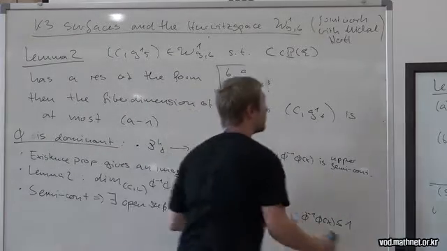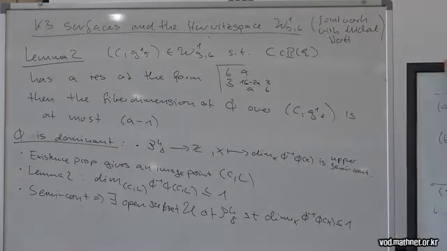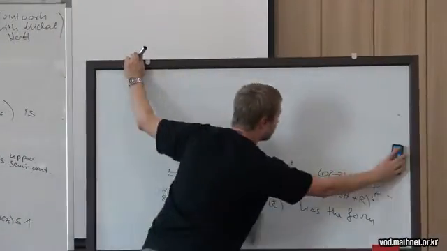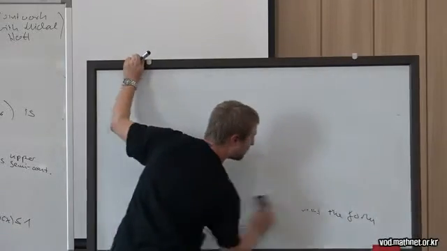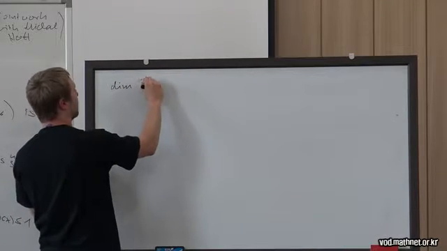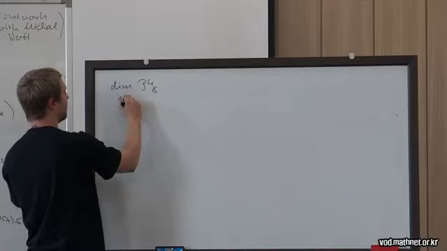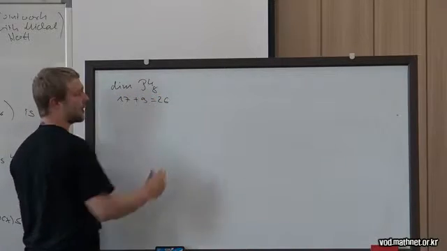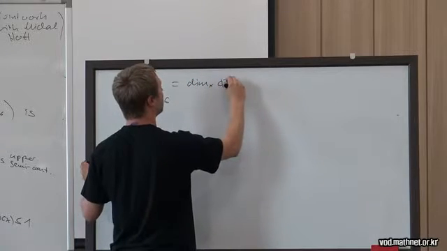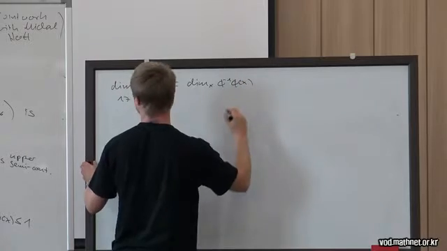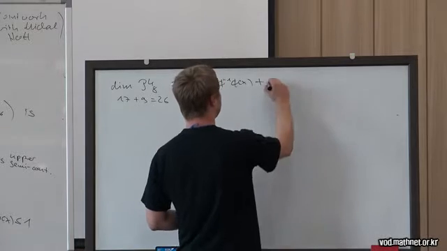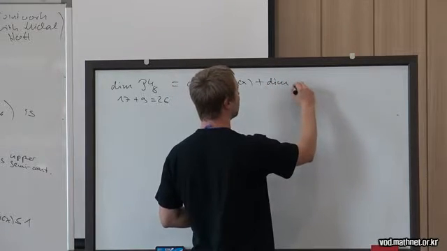Okay. Now it's time to count dimensions. So this is certainly 17 plus 9, 26. And this is certainly the dimension at x of phi inverse of phi of x for this x in U, plus the dimension of the closure of the image.